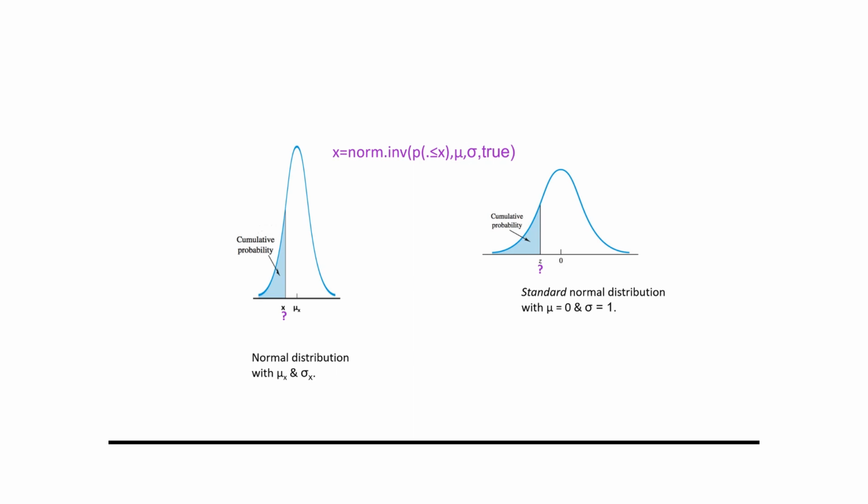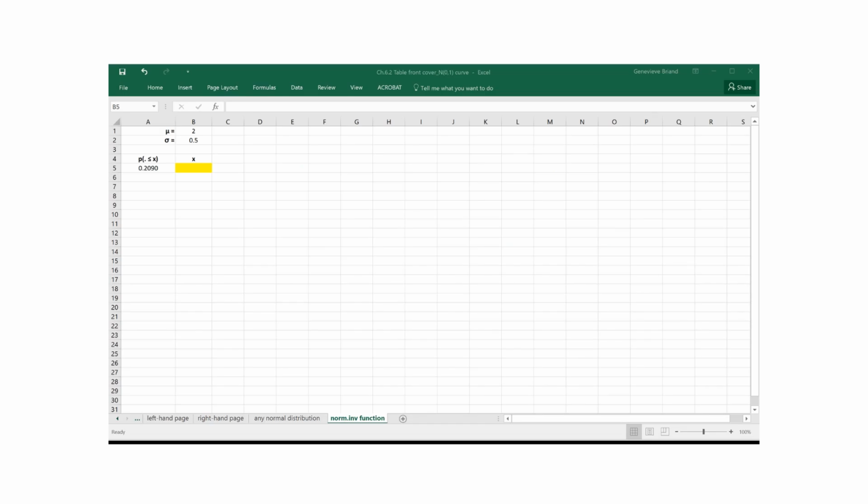So it's used when the cumulative probability, the mean mu, and the standard deviation sigma are known, and the x or z value is the one that is unknown. Returning to our previous problem, now we're looking for the x value such that the probability of all x values less than or equal to this unknown one is 0.209.